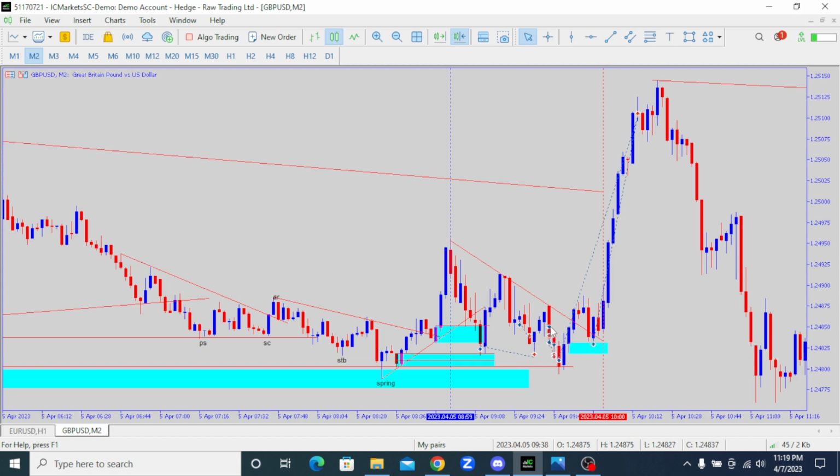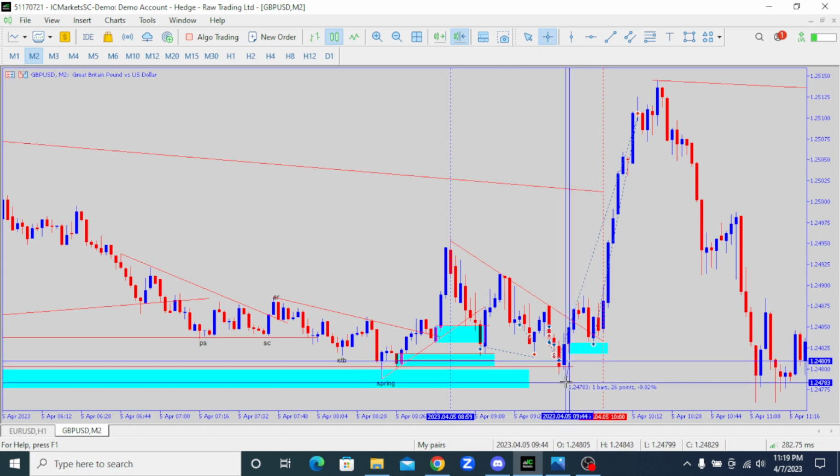And I tried to enter the third entry and the fourth one. Yes, and finally I got this one, the stop loss.